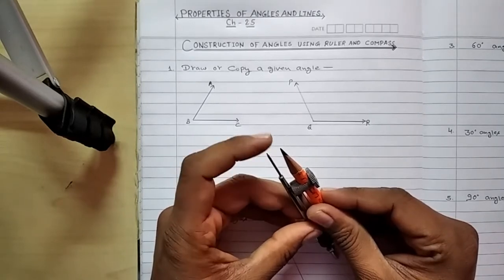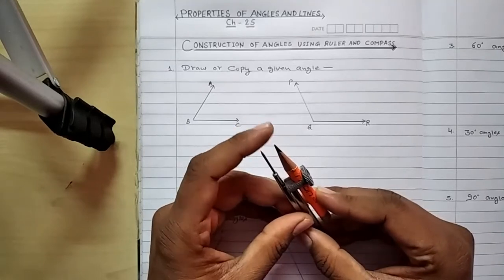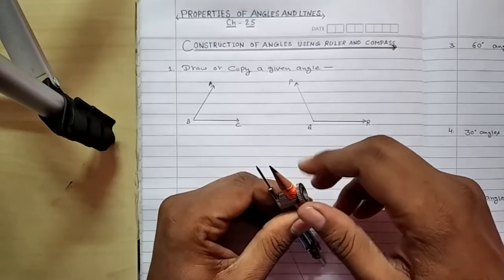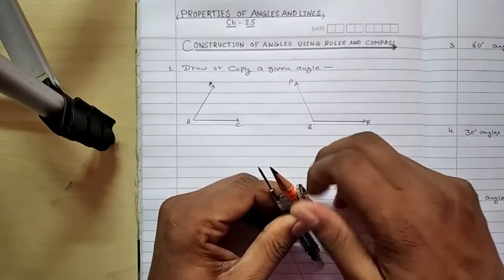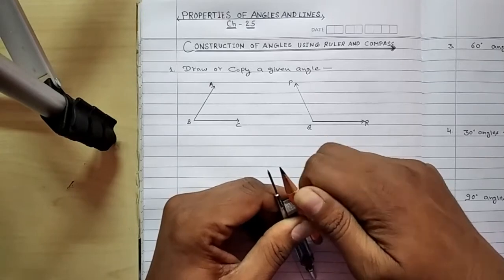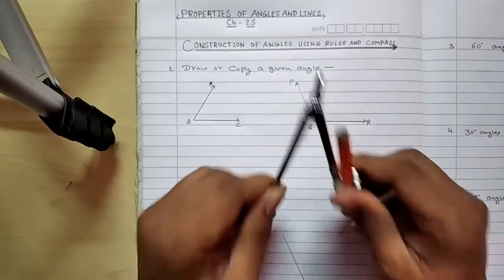The pencil should not be too far up or too far down. Both points should be even. After getting both points even, hold the pencil and compass together and tighten the ring of the compass properly, so that the pencil doesn't move in the compass. Got it? So this is the way you will set the pencil into the compass.